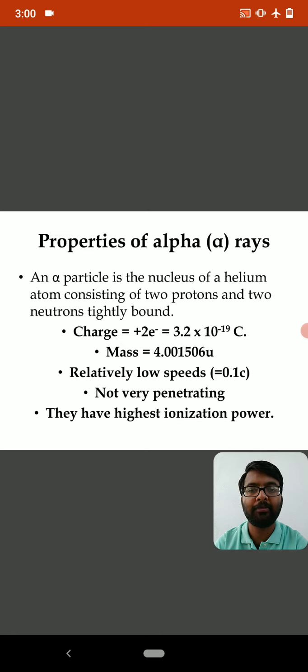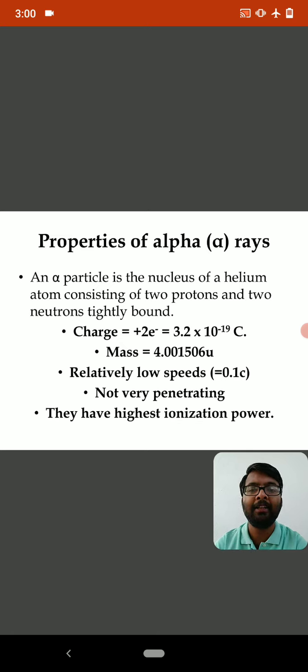Because of the presence of 2 protons, the charge of this alpha particle is plus 2 units, that is plus 2 into charge of an electron, about 3.2 into 10 raised to minus 19 Coulomb. Its mass is 4.001506 unified atomic mass unit, and these alpha particles move with velocity equal to 0.1 times the velocity of light.